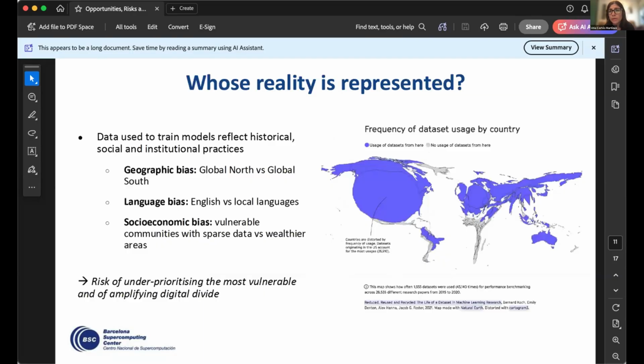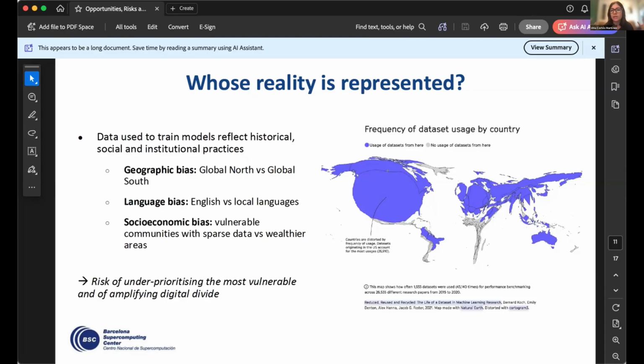When we talk about the data that we are using, there was a slide before, I don't know if it was Ivan or Marina, talking about the different data that we can use, either public or private data sets, websites, etc. The reality is that this is not balanced in the representation. Here's an image to give you an idea of the data sets that were used between 2015 and 2020 for performance benchmarking.